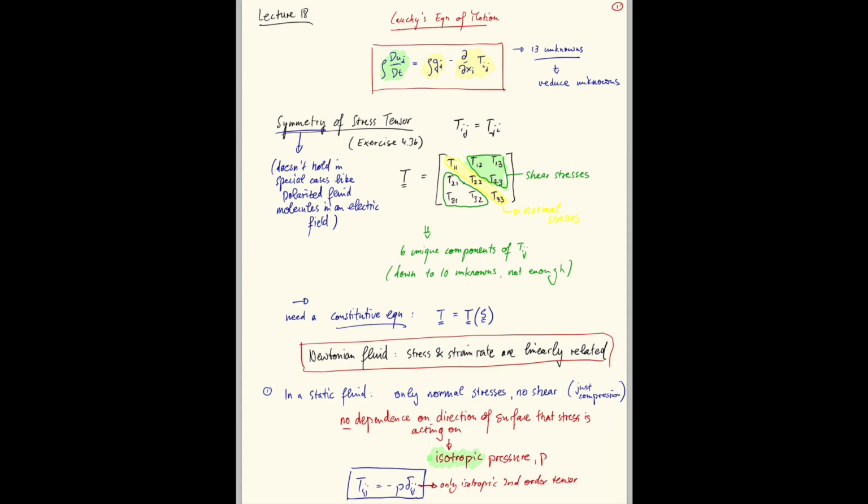And unsurprisingly, that means for isotropic pressure, which has no shear, there's only diagonal components to Tij. So we only have T11, T22, T33. And since it's isotropic, we can change the frame of reference without changing delta ij or Tij.